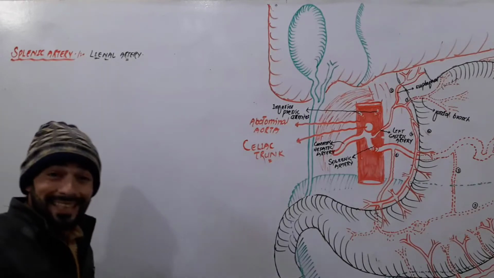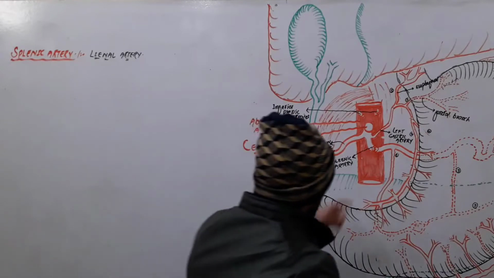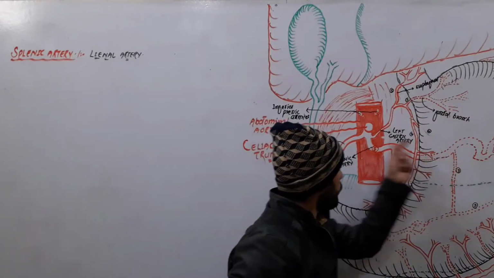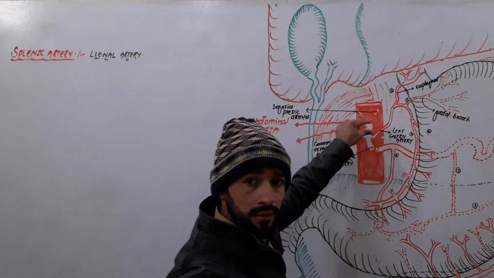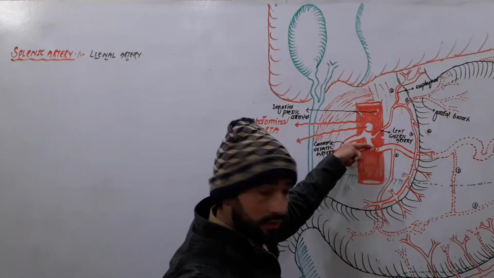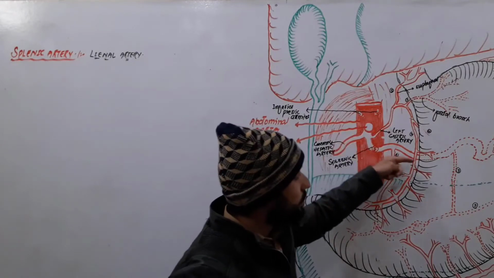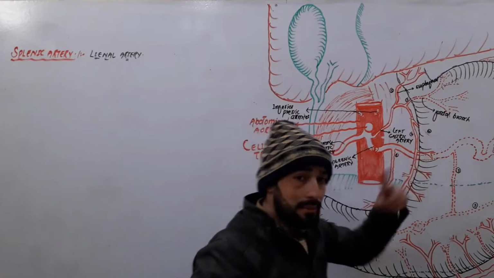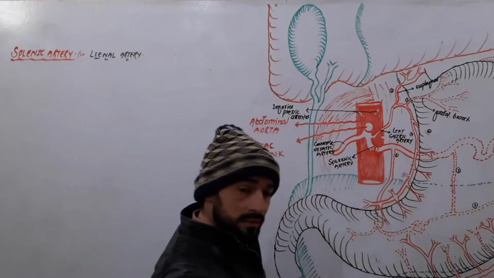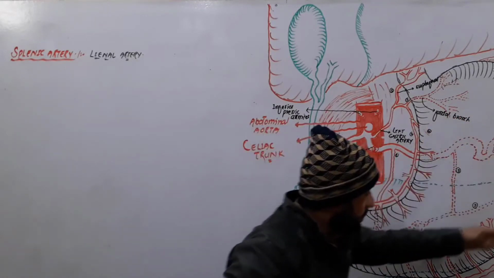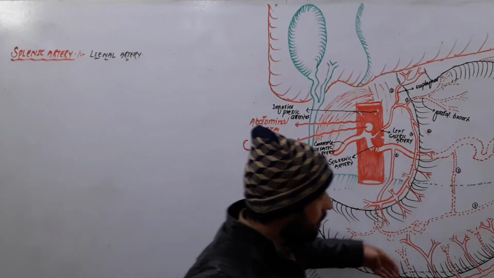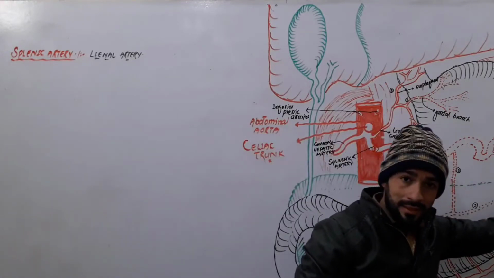What is the splenic artery? Look carefully. It is the longest branch of the celiac trunk, which is mostly responsible for supplying blood to the pancreas, to the left side of the stomach, and to the spleen.